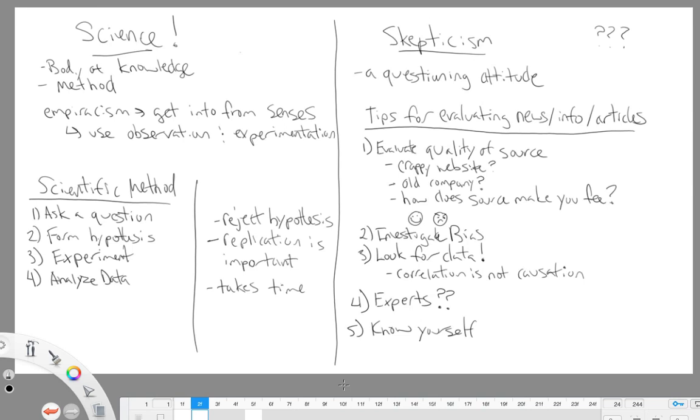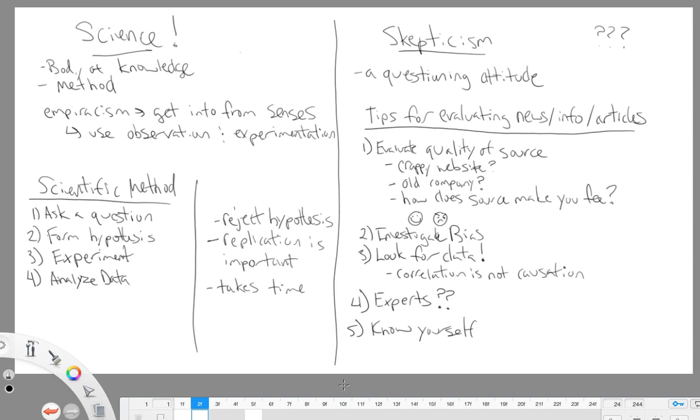Now, it may seem like some weird kind of linguistic trick, but it's really important, because science doesn't necessarily prove things 100%, but it's this collective body of evidence that you gather that tends to show that something is true.